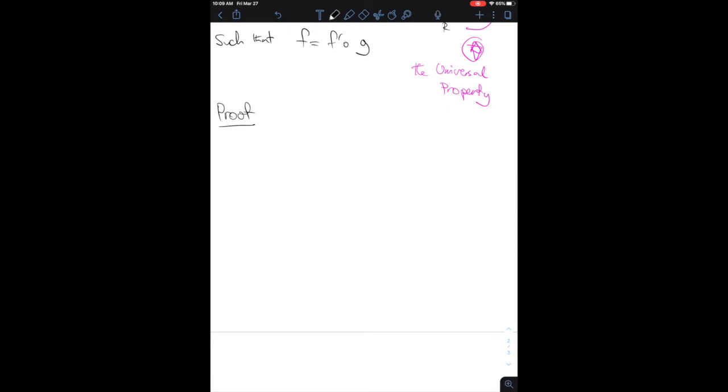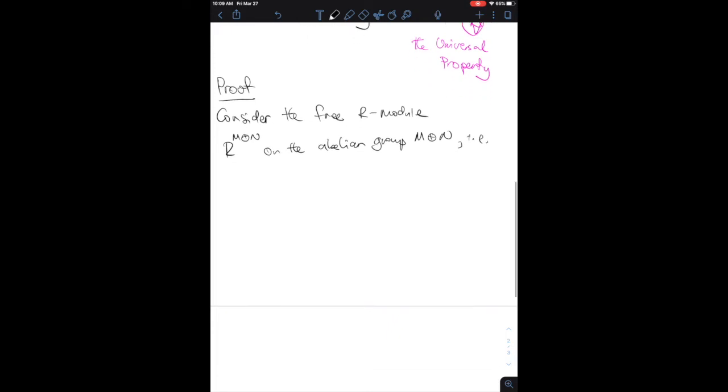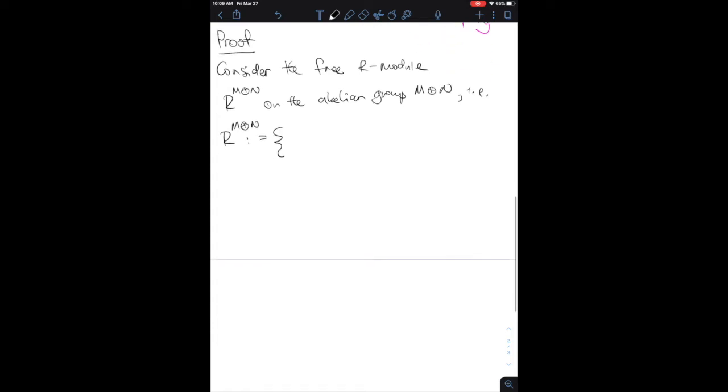So we consider first the free R module generated by M plus N. So consider the free R module R to the M plus N, which is the free R module on the abelian group M plus N, i.e. R to the M plus N is defined as the set of all formal expressions R1 M1 N1 plus R2 M2 N2 up to RL ML NL.